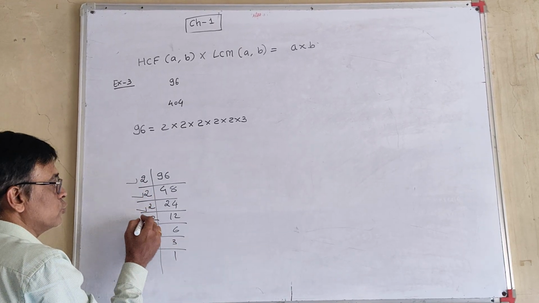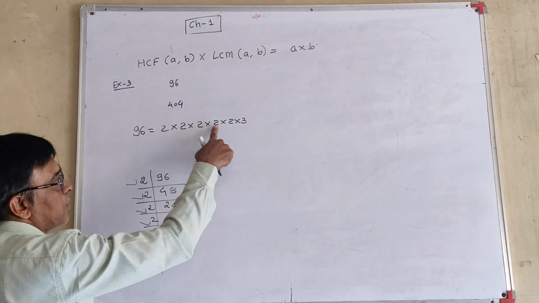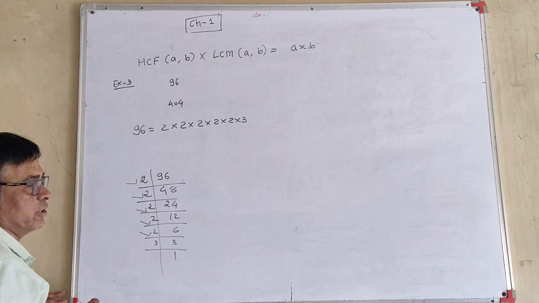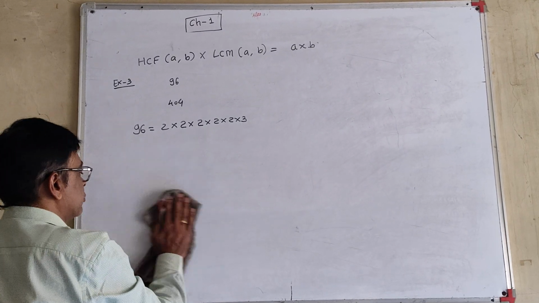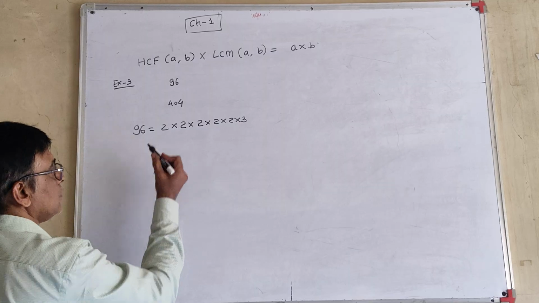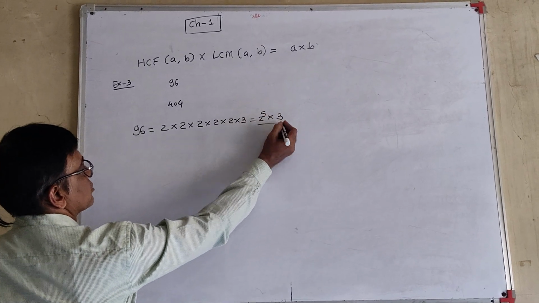So 2 appears 5 times and 3 appears 1 time. Done. So 2 raised to 5 multiplied by 3.